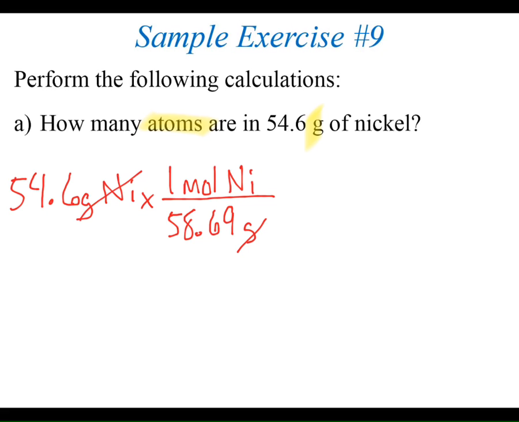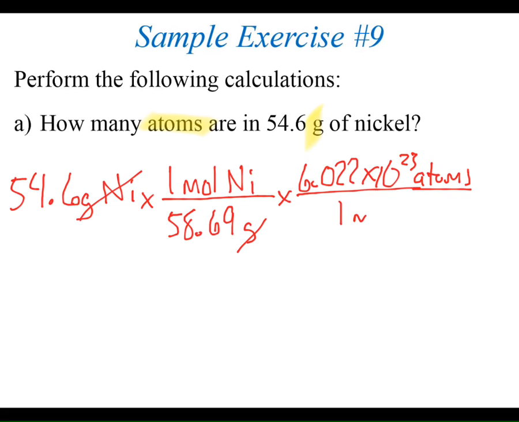Okay, now I'm in moles of nickel, but I want to be in what? Atoms. How do I go from moles to particles? Avogadro's number. Where does that number go, on top or bottom? The moles go on the bottom, so Avogadro's number goes on top. Yes, so 6.022 times 10 to the 23rd atoms is 1 mole of nickel.